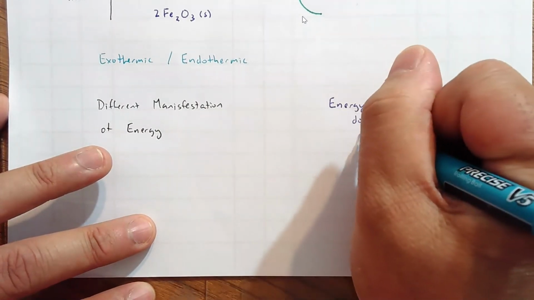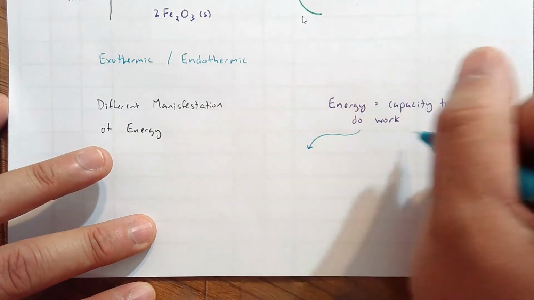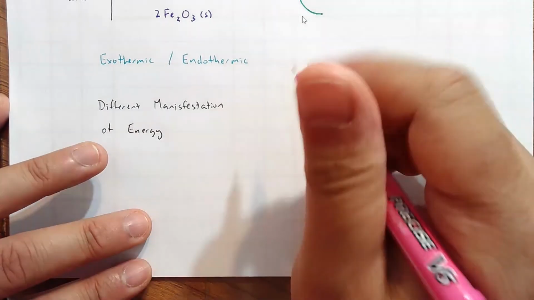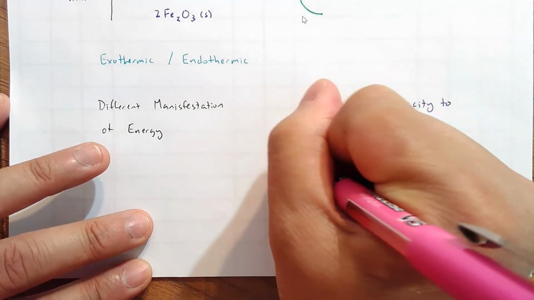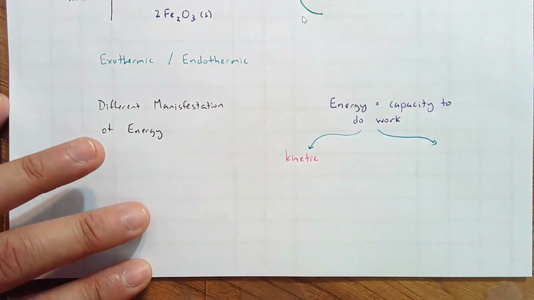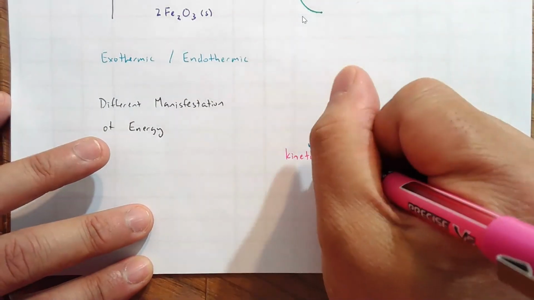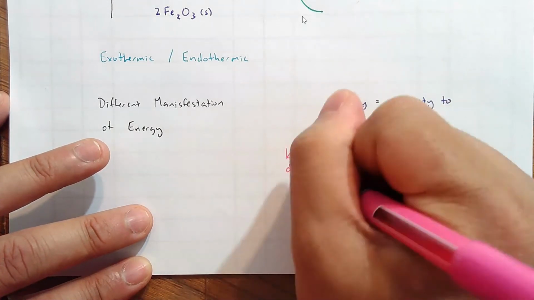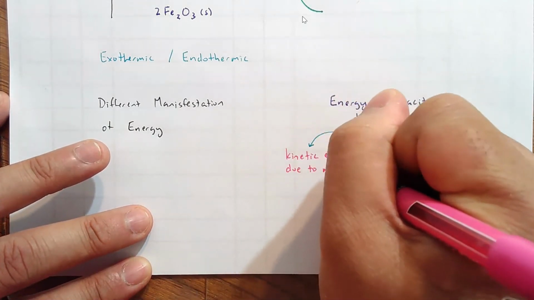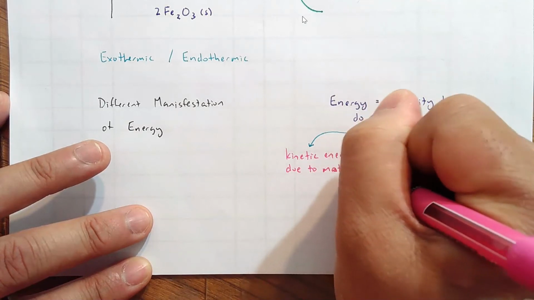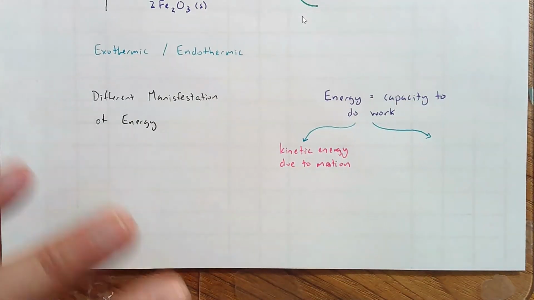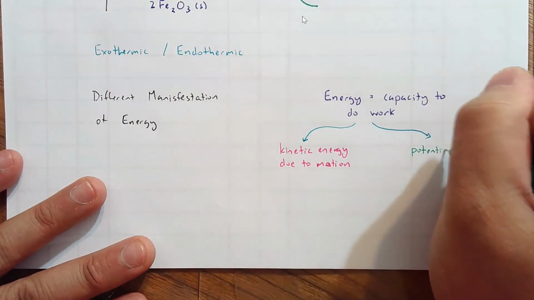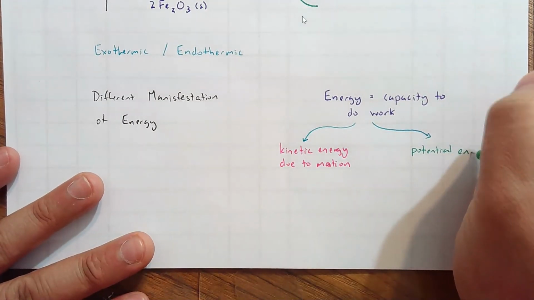We have two main types. This one is going to be kinetic, the one on the left, and that is energy due to motion. And on the right, we're going to have potential energy.